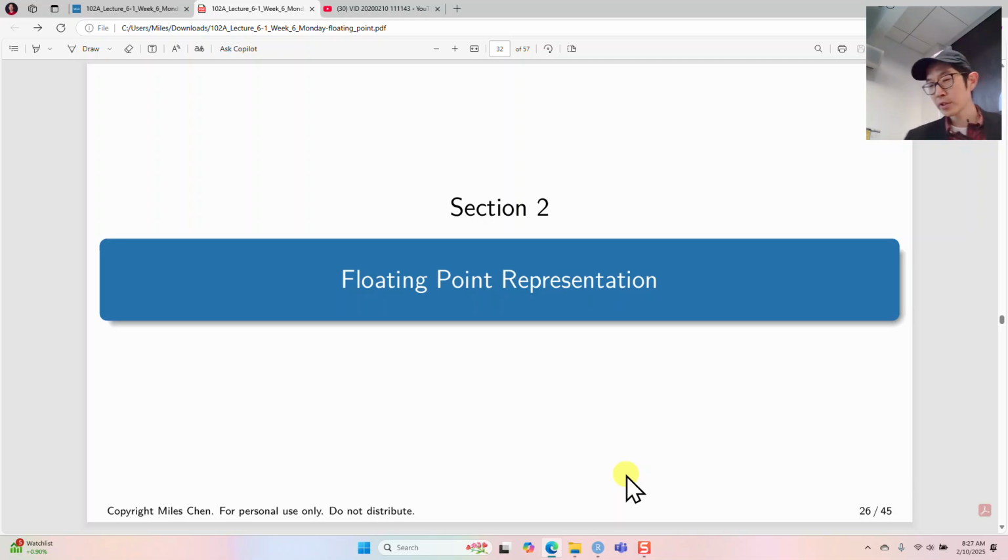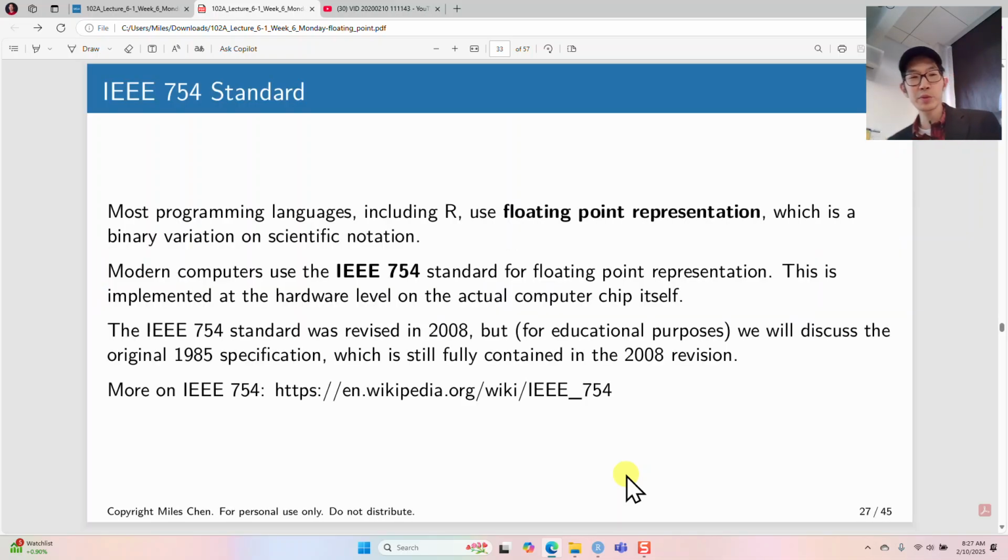All right, so in floating point representation, how do we store our numbers? The electrical engineering organization came up with a standard for how we're going to represent floating point numbers on a computer.